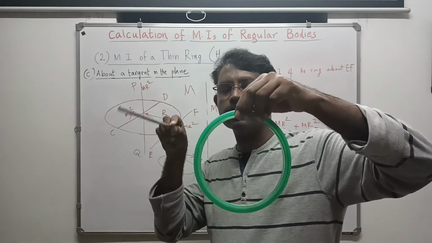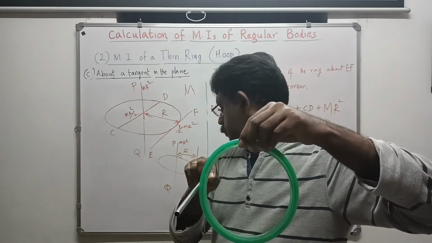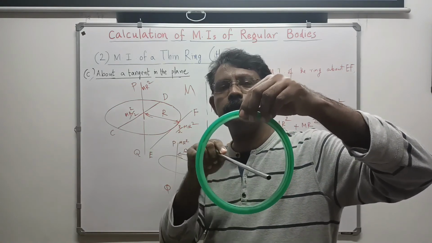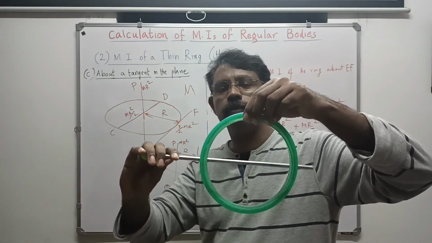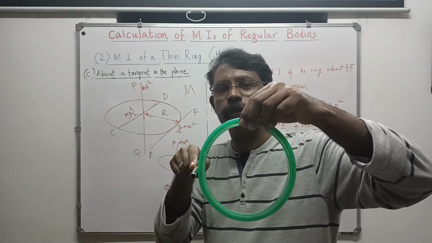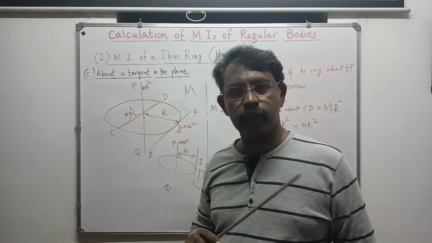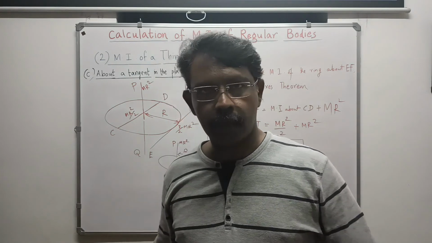And what about this axis? It is 2 mr squared. So in this way, if you know the moment of inertia about any axis, you can find out the others, making use of the parallel axis theorem and the perpendicular axis theorem.